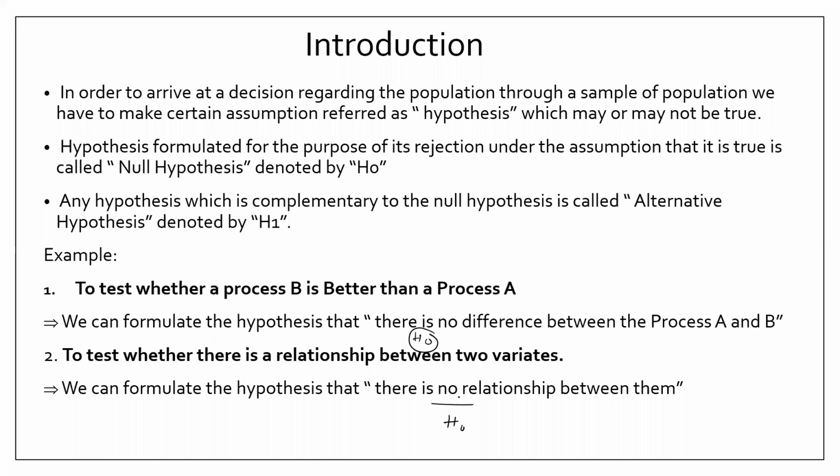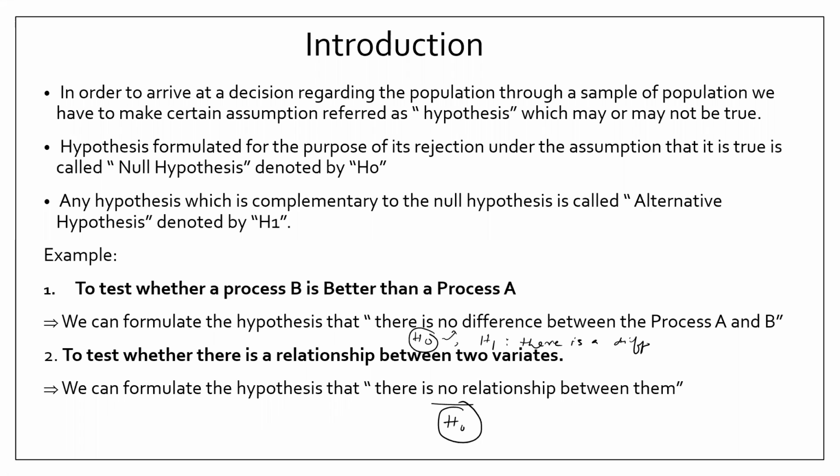Now, H naught you have already formulated as no difference, then automatically your H1, which is the complement, will be nothing but that there is a difference. If H naught says there is no difference, then H1 automatically becomes that there is a difference.